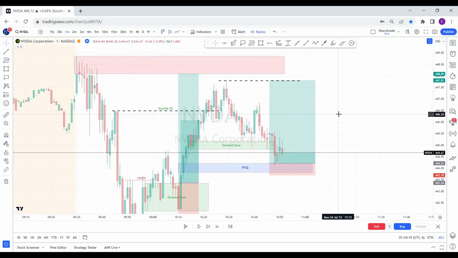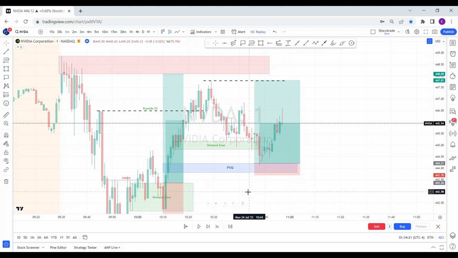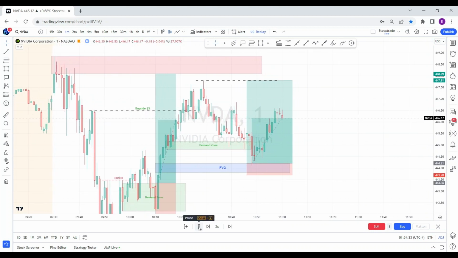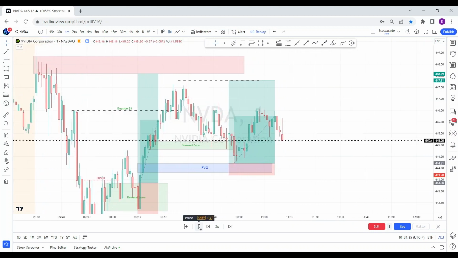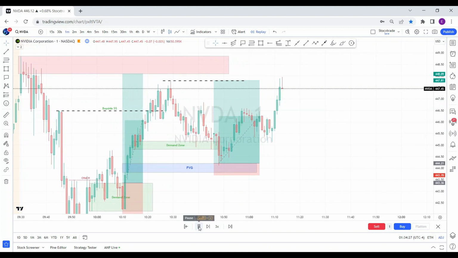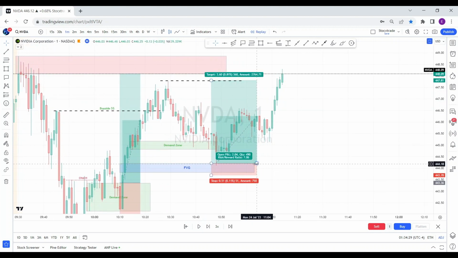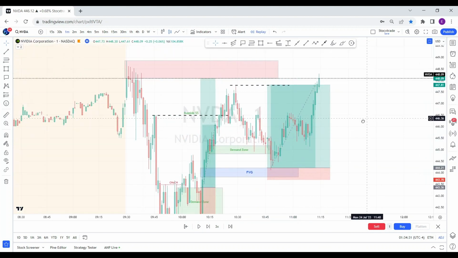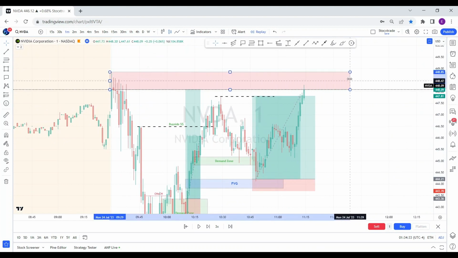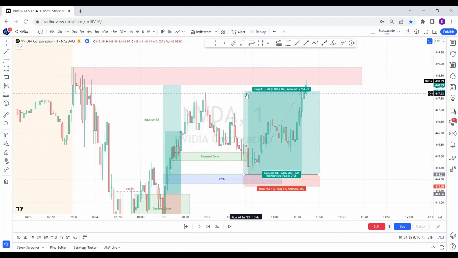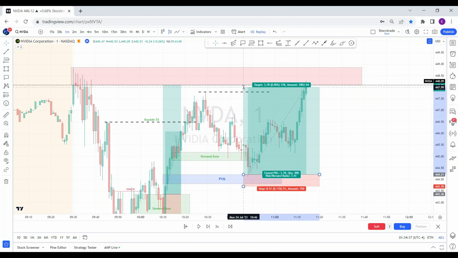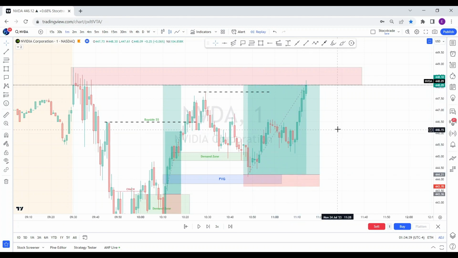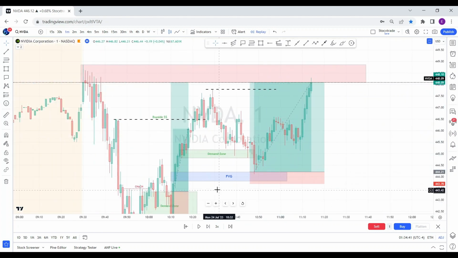So let's see. Okay, the first target has been hit, and now also the second target. If you go with this 1:7, or whatever, 1:7.5.